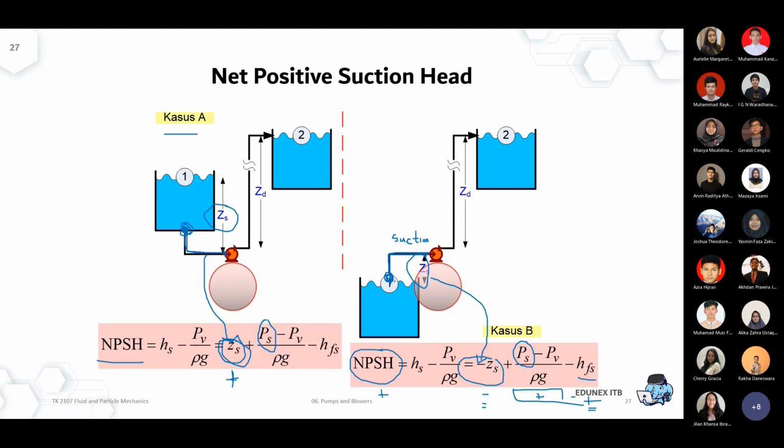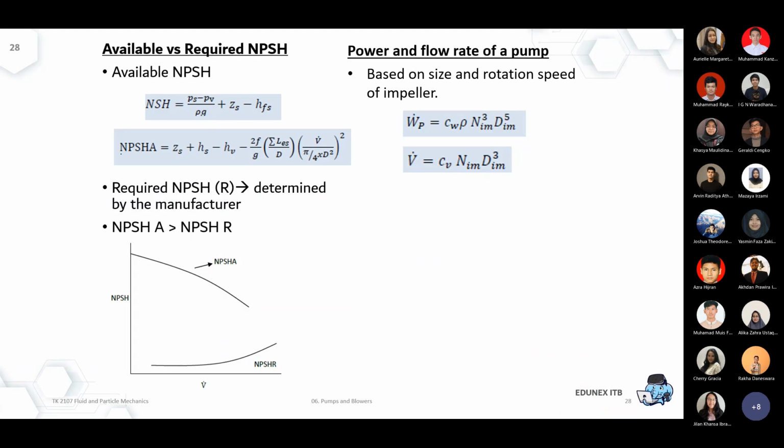Okay, I'll continue first. If you look at the picture, that's the available NPSH. Again, the same formula, that should be plus or minus depending on the location. If the pump is below, then it's plus. If the pump is above the source tank, then it's a minus.